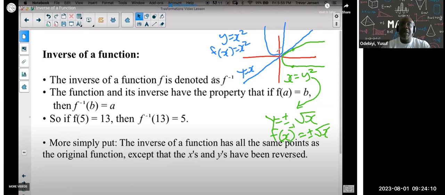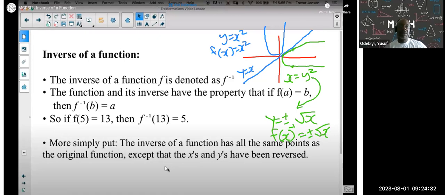So that's a quick summary of how you go from the regular function to the inverse function. We're going to go through examples along these lines.